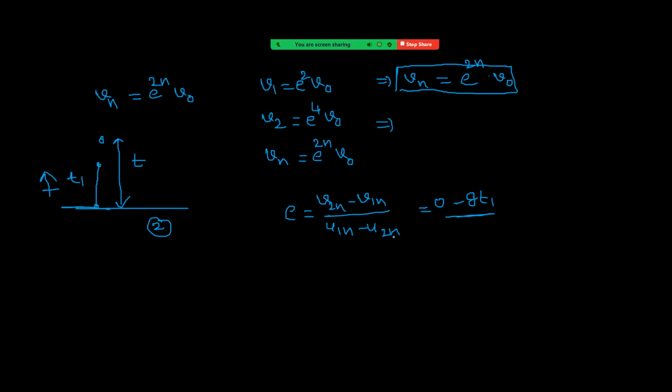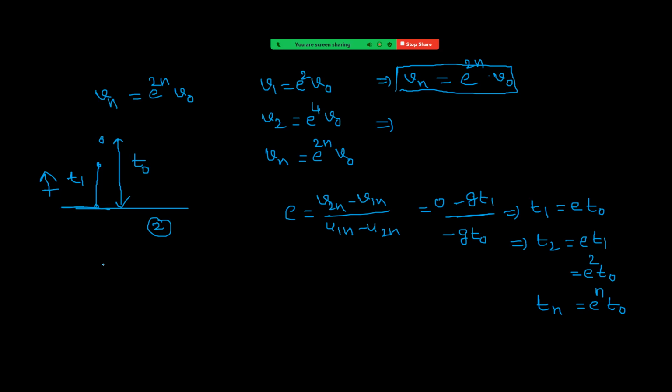After collision velocity is upwards, minus U1, it is down, so minus gt. Or take it as t naught, corresponding to the first one. So the relation between t1 and t naught: t1 is e into t naught. In the same way, we can write t2 equal to e into t1, which is equal to e square into t naught. Like this, tn is equal to e power n into t naught.